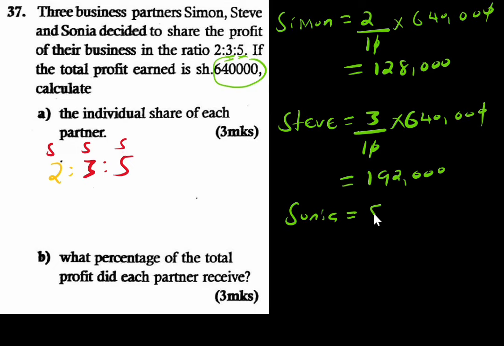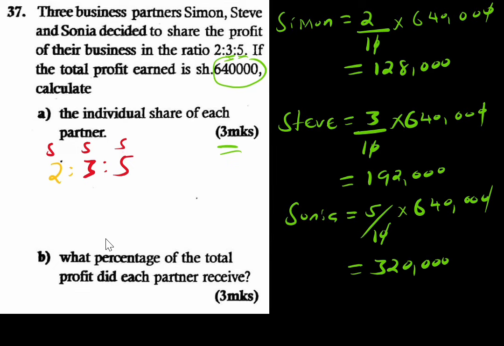So 5 over 10 multiplied by the total amount, 640,000. We multiply 5 times 64,000. You'll see that Sonia gets 320,000 shillings. So that is the answer to part A. You get those 3 marks.